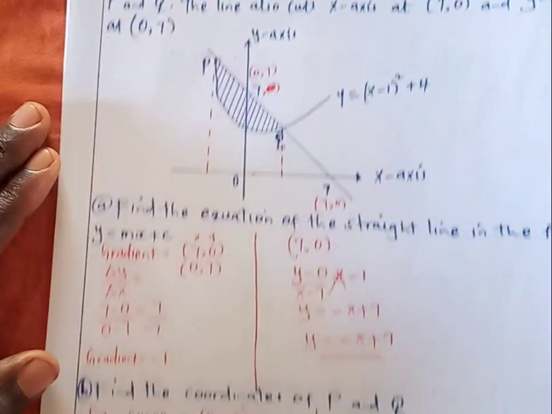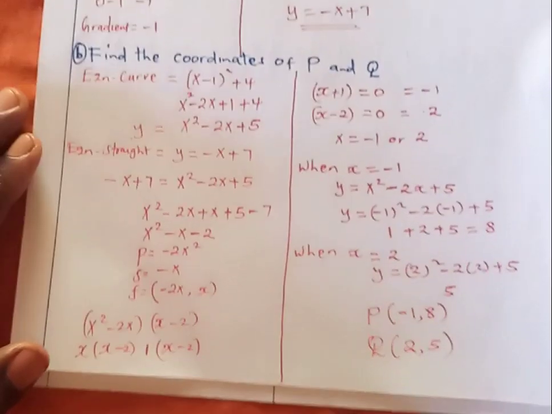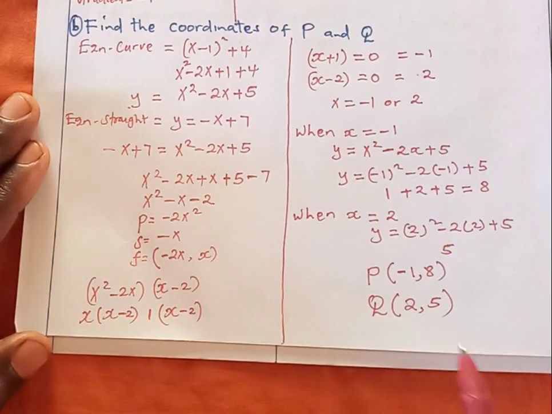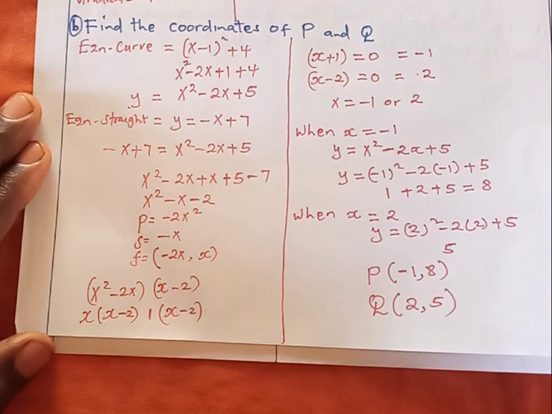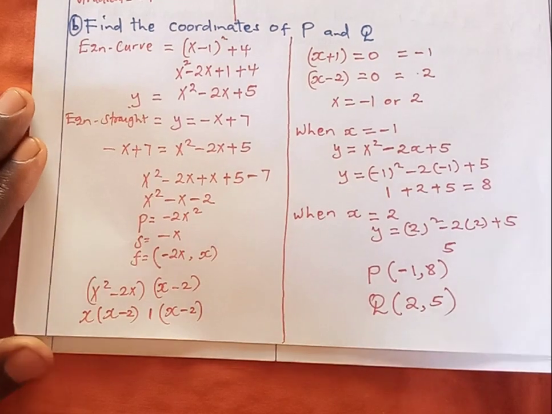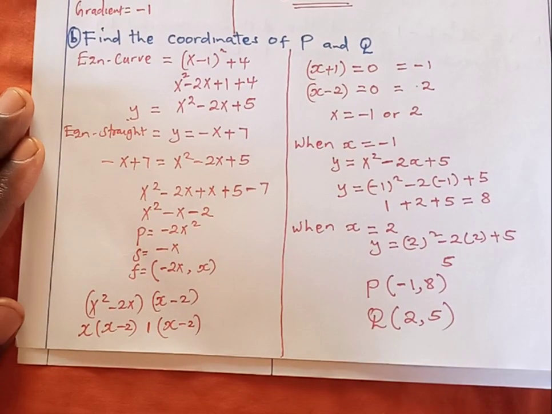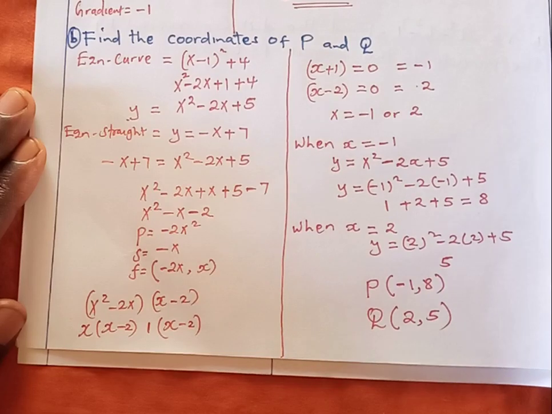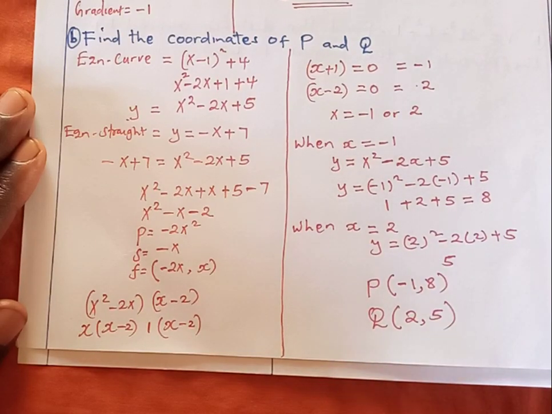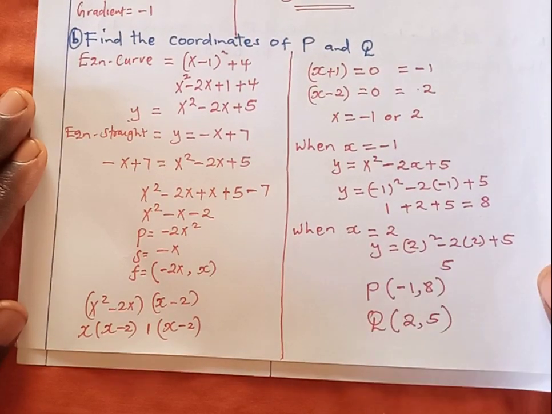That is why we have positive values on the q part, and we have one negative value on the p part, and one positive. And that is how we work out the coordinates of p and q.